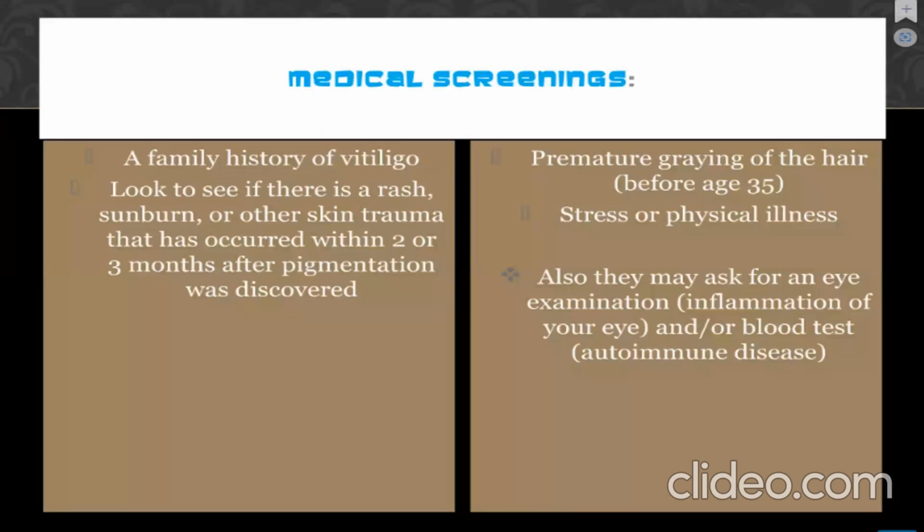Then medical screening: a family history of vitiligo. You have to see if there is a rash, sunburn, or other skin trauma that has occurred within 2 or 3 months after pigmentation was discovered.